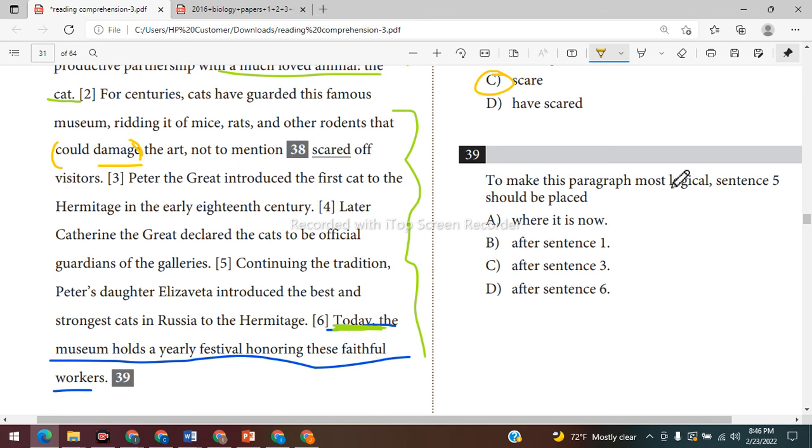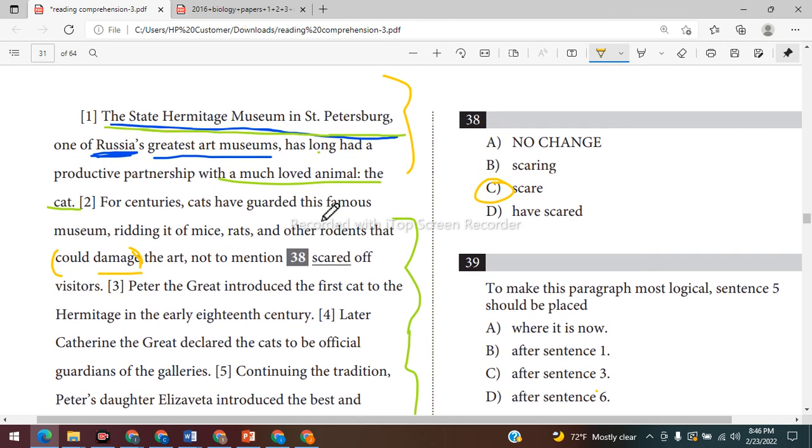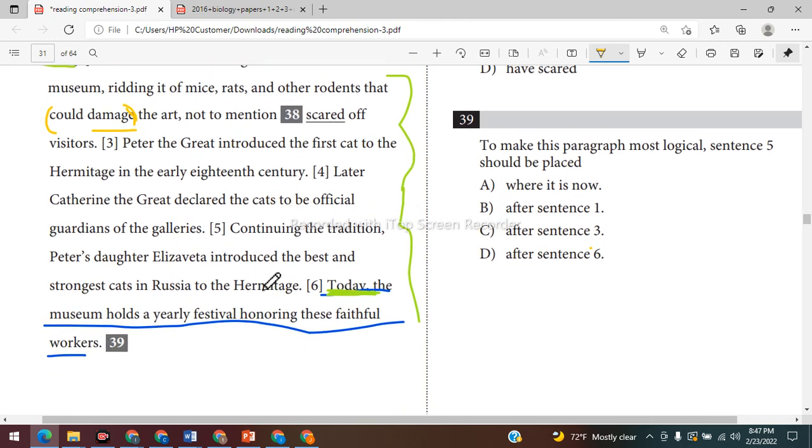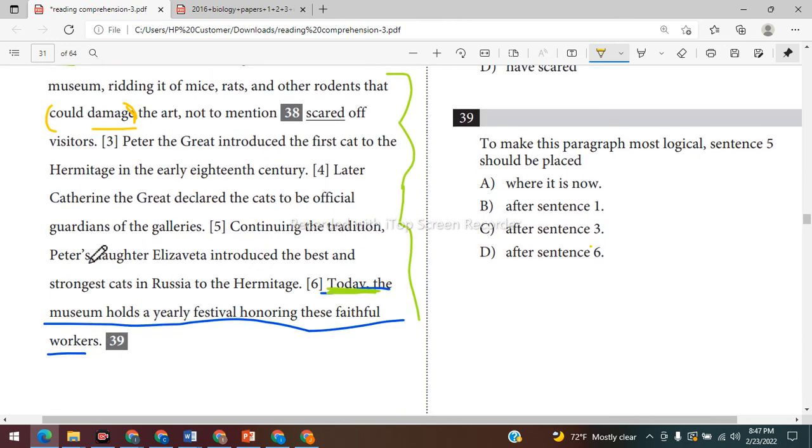To make this paragraph most logical, sentence 5 should be replaced with A, where it is now, after sentence 1, after sentence 3, or after sentence 6. Sentence 5 is this one: Continuing the tradition, Peter's daughter, Elizaveta, introduced the best and strongest cats to Russia's Hermitage.